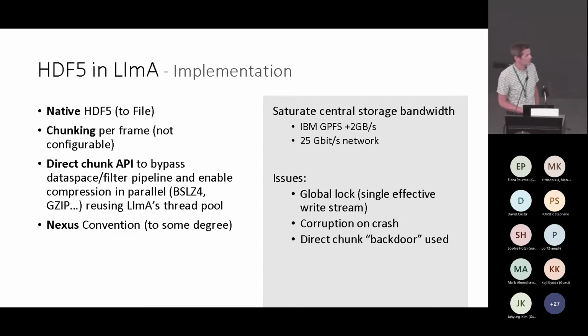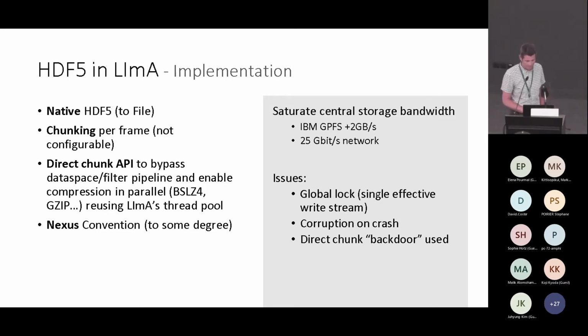We use the Direct Chunk API to bypass the data space and the filter pipelines, mostly for performance reasons. And that also enables the compression of chunks in parallel. We use the LImA thread pool for parallelizing the compression. And on top of that, we try to respect the NeXus conventions to some degree.